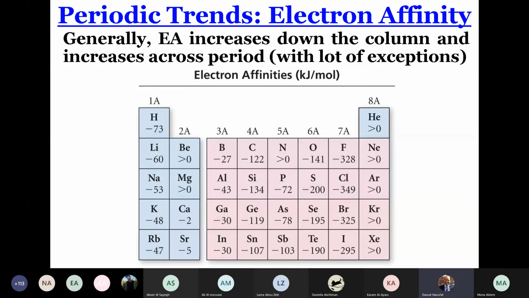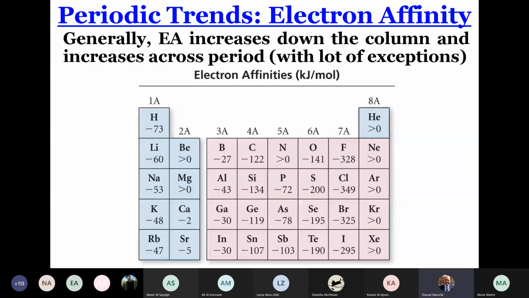Nitrogen ends with p3. And if we want to add an electron to nitrogen, by theory, this electron could be added to the p3 orbital, since p3 is not completely filled, it can receive 3 more electrons.